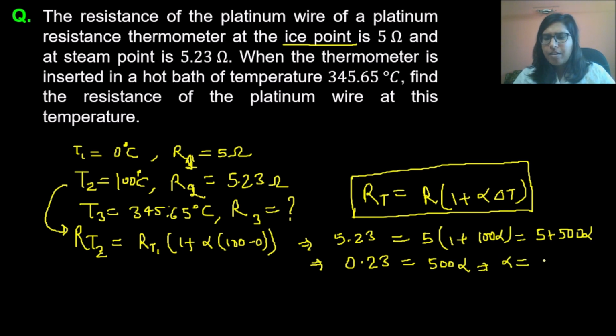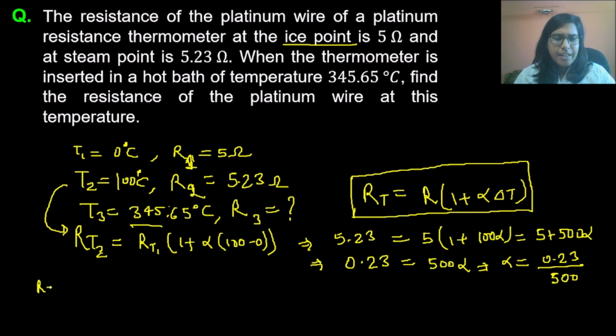So alpha will become 0.23 upon 500, right?